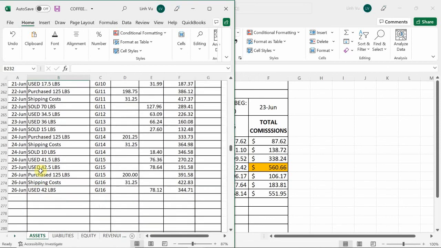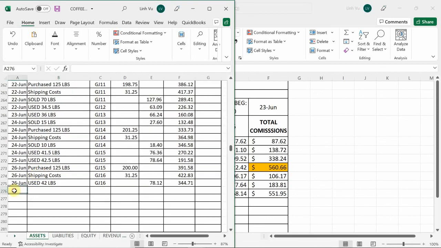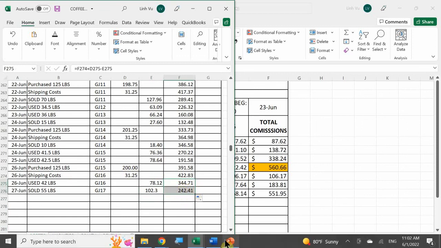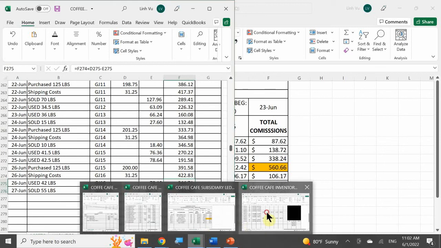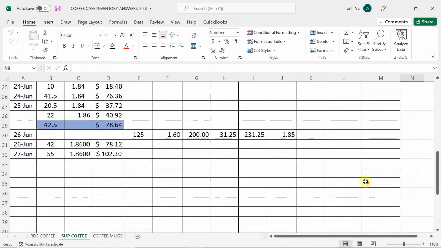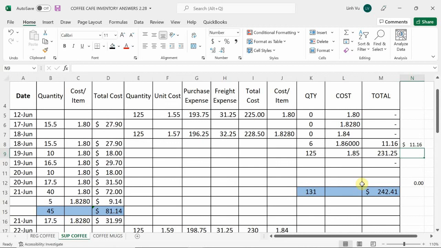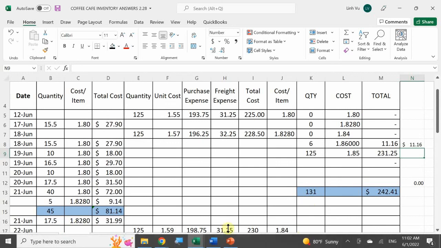And then now I need to update this, right? We sold 55 pounds of Supreme Coffee, which cost me $102.30. So that should give you a total of $242.41, which looks very familiar. And is that what matches in my inventory worksheet? Yes, it does. $242.41.